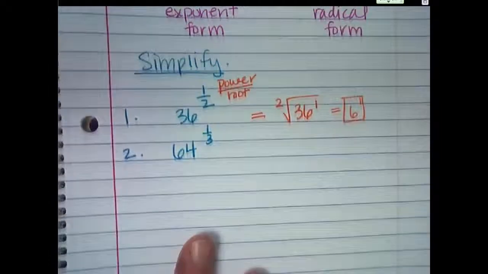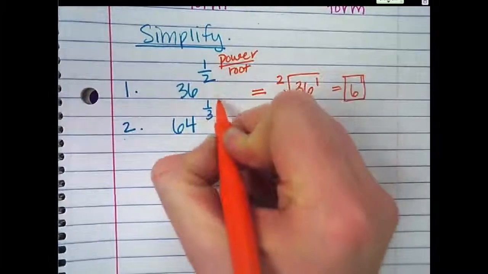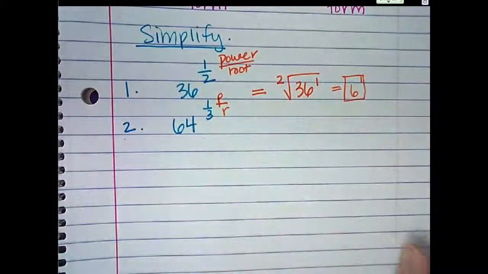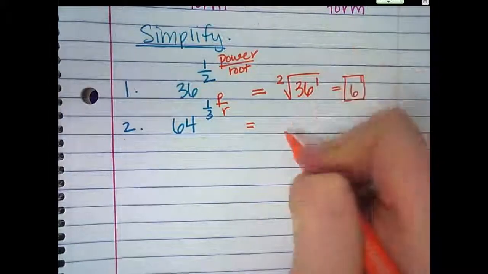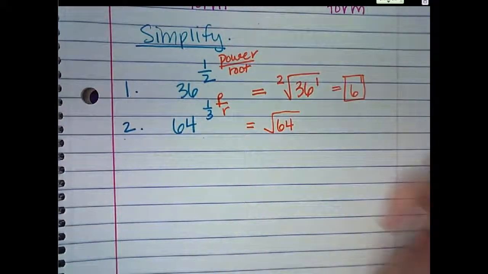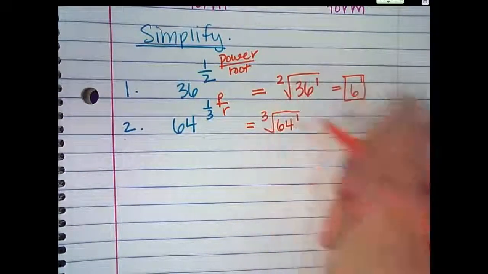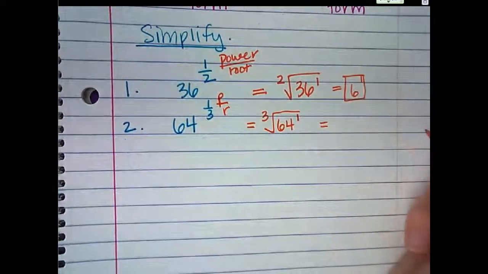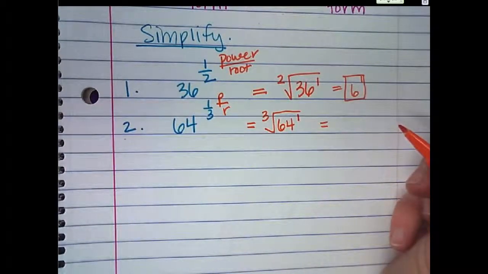Okay, number 2. 64 to the 1/3. Power over root. So rewrite it. 64 goes on the inside. What's my power? 1, and my root? 3. What's the cube root of 64? 4.